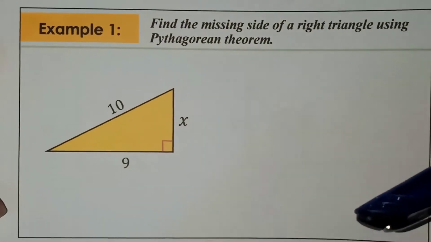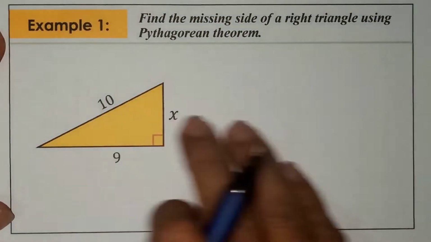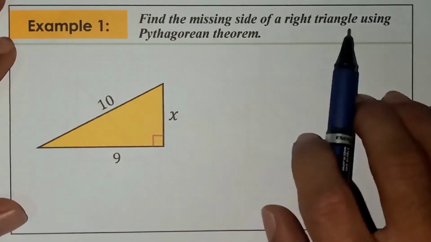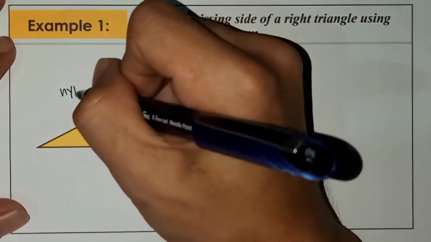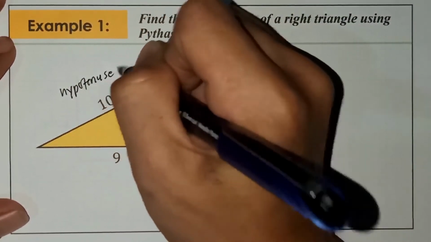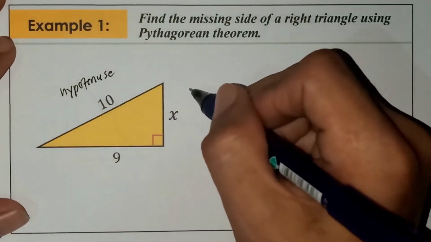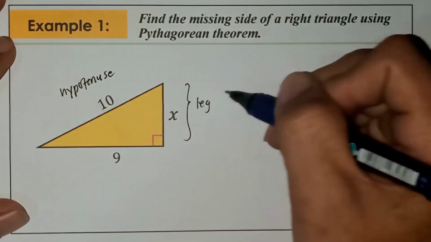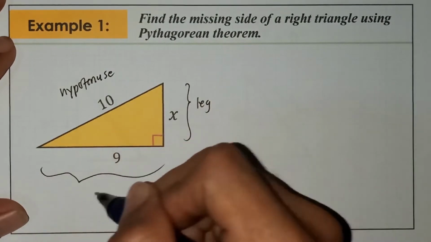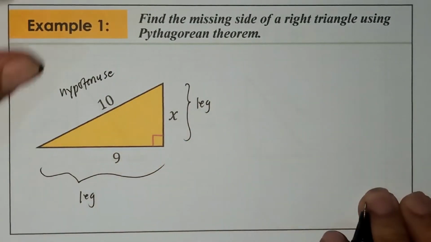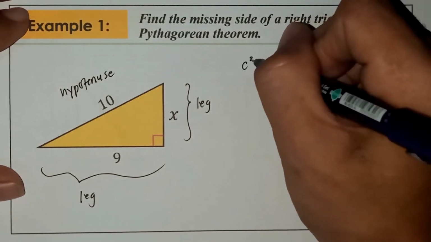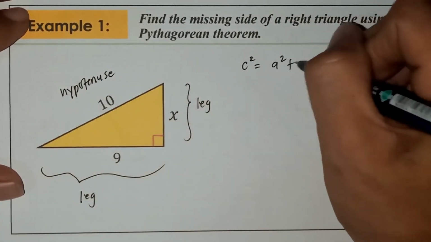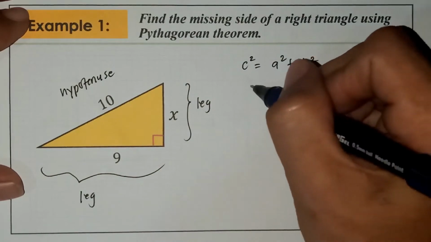With this example, we will find the missing side of a right triangle using the Pythagorean Theorem. Take note, this side is the hypotenuse, and this one is one of the legs. We will use the Pythagorean Theorem: C squared is equal to A squared plus B squared.